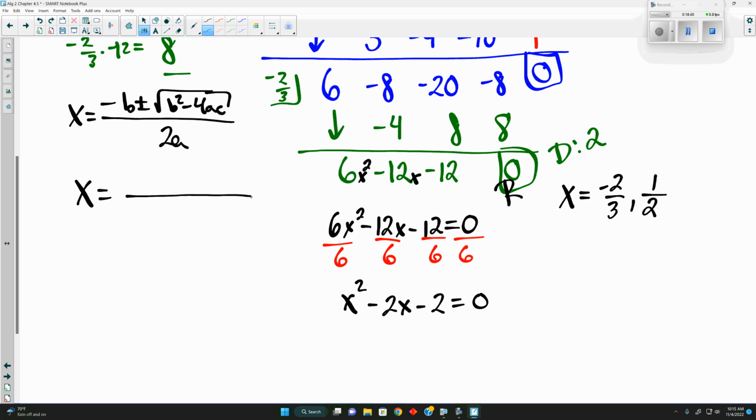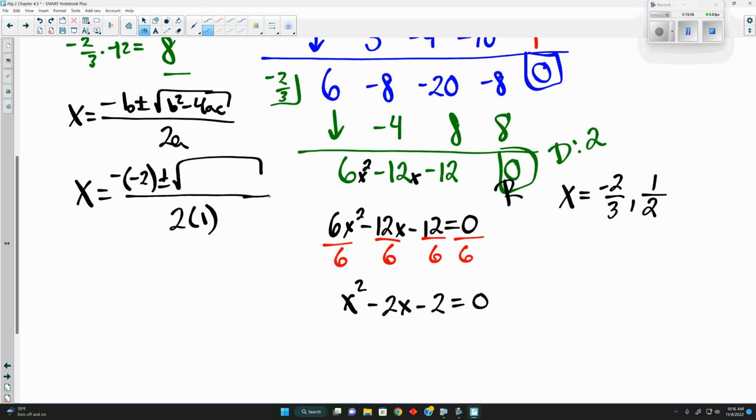Because this here makes the denominator a lot easier to work with. Because now the value of a is what? 1. A is always in front of x squared. So on the bottom of this we have 2 times 1. So negative b, our value b is negative 2. So we can say negative parentheses, negative 2, close parentheses, plus or minus, square root.